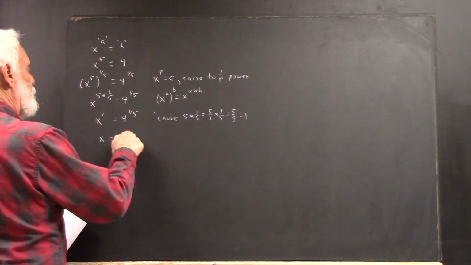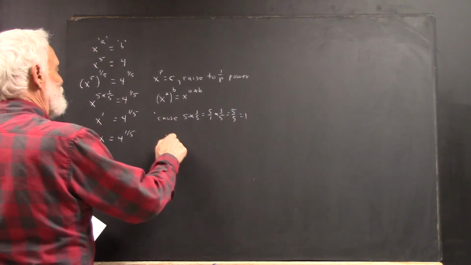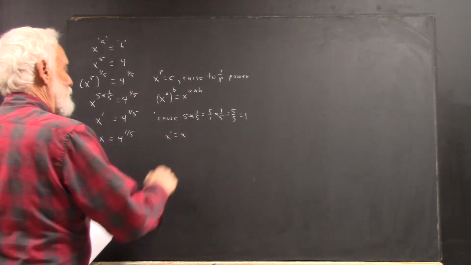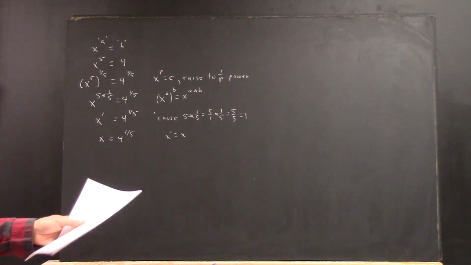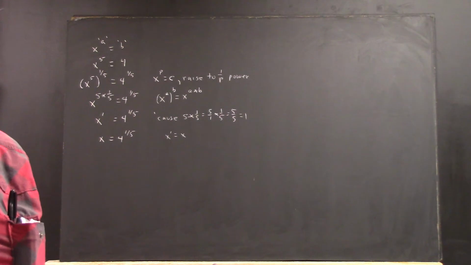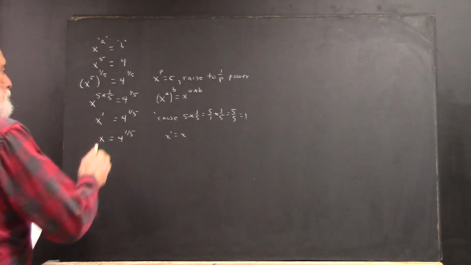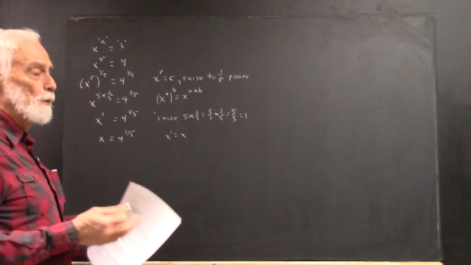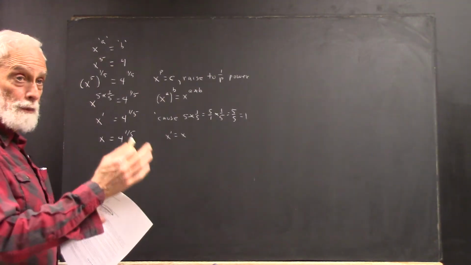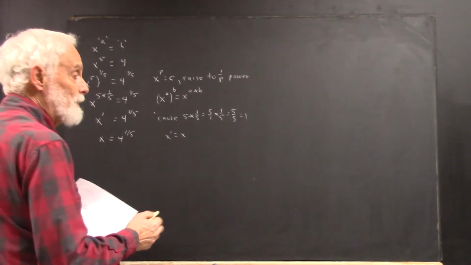Then x equals 4 to the 1/5. x to the 1 equals x. That's what it means for something to the power 1, just 1 x, as opposed to x squared, which would be 2 x's multiplied, x times x, not 2x.